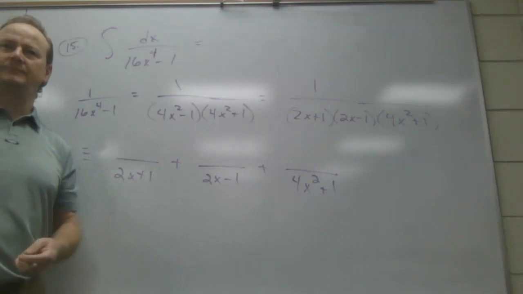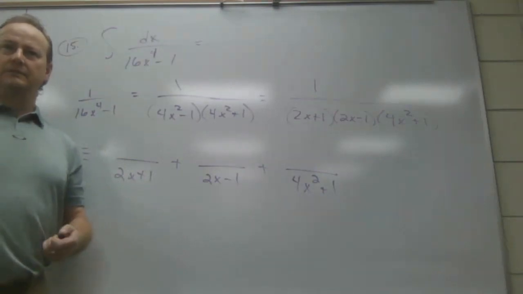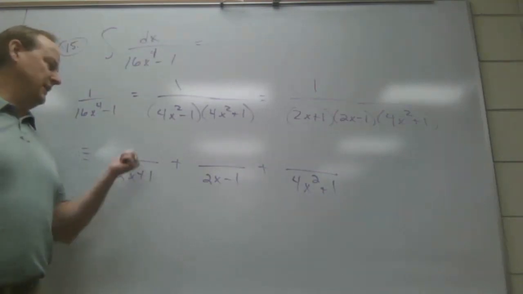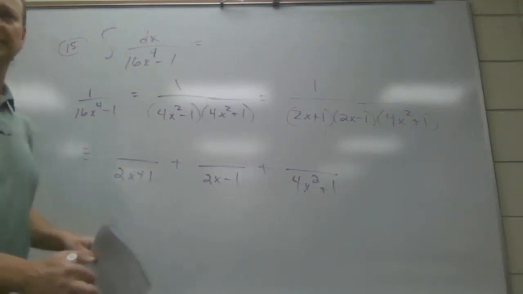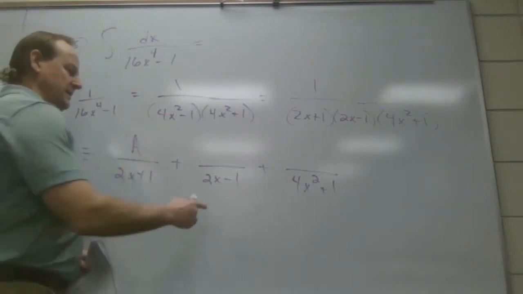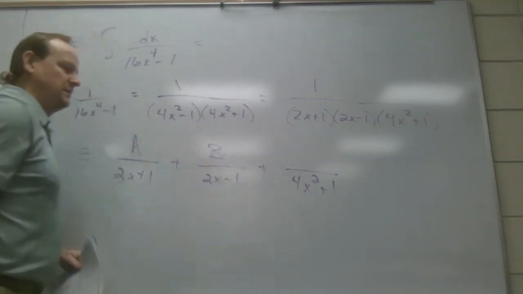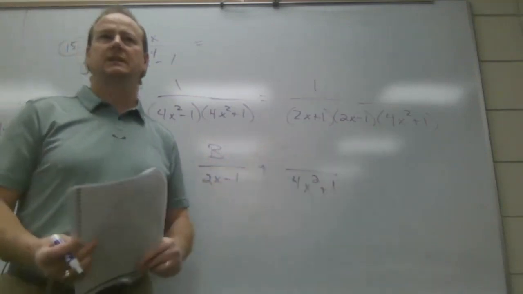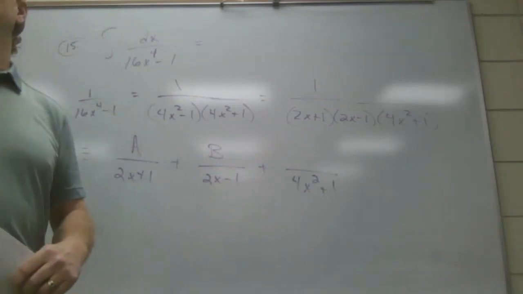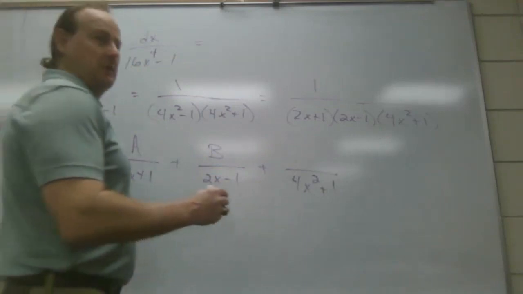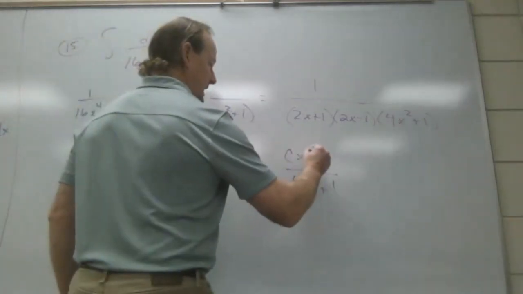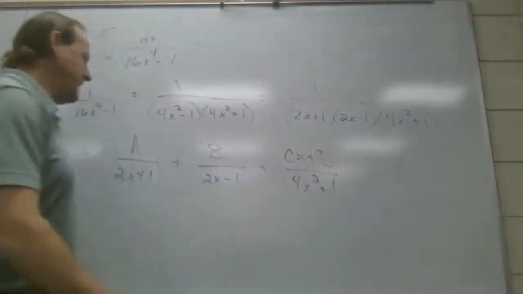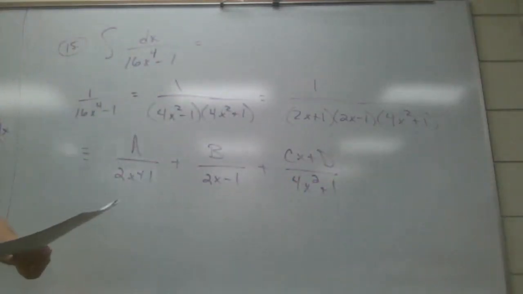What kind of degree? If this is first degree, this has to be just a constant, so this is just an A, and this would just be a constant, which would be a B. But if I'm second degree, what do I have to have up here? One less degree, so it's first degree. So that would be Cx plus D. So I have constants A, B, C, and D that I need to figure out.